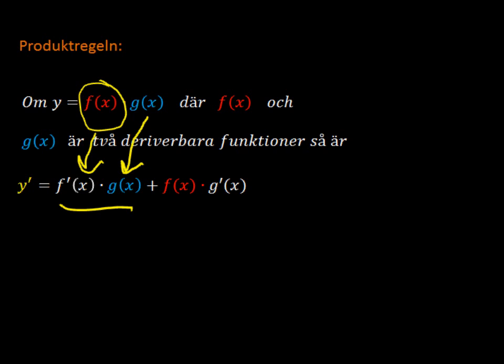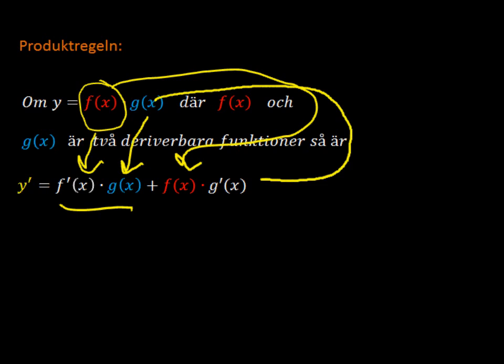Now, if you need to pause, it's not a problem. Then the rule says that we need to add the original f of x unchanged and multiply it by the g of x, but it's the g prime of x there, okay?